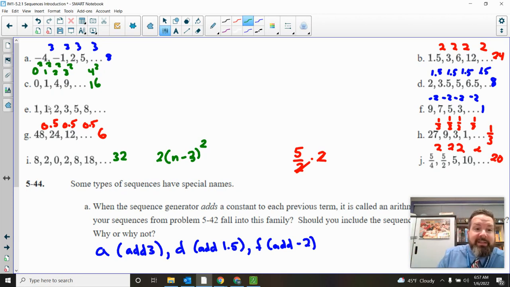So 1 plus 1 gives me 2. 1 plus 2 gives me 3. 2 plus 3 gives me 5. 3 plus 5 is 8. So the next one's going to be 5 plus 8, which takes you to 13. So these here that we just looked at in green are fine sequences. There's nothing wrong with them. They're just not geometric and not arithmetic. So we would classify those as being neither arithmetic nor geometric.